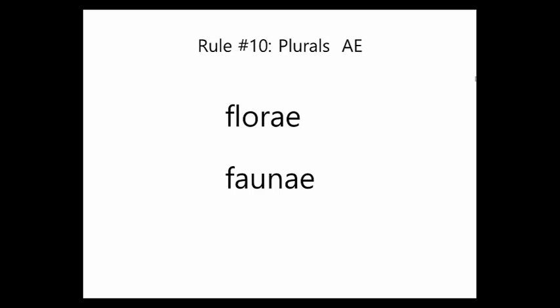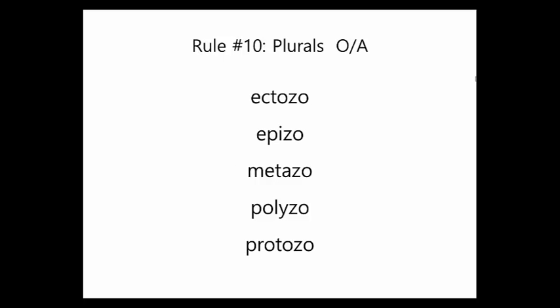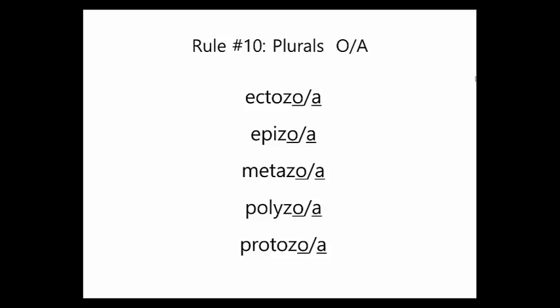And when the e is added, the a and the e make one sound. There are also a few scientific words ending in zo that form the plural by adding a. And in these words, the o and the a make two separate sounds.